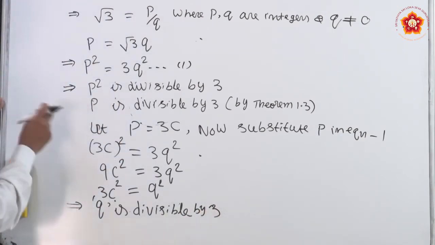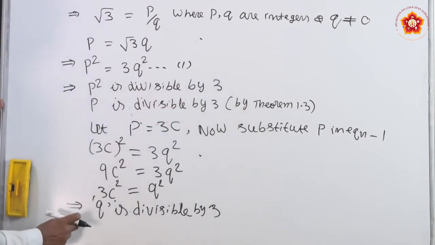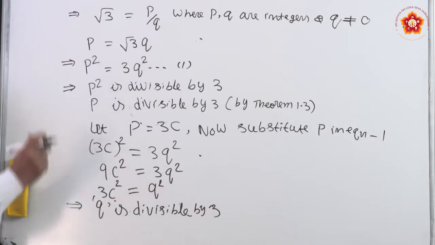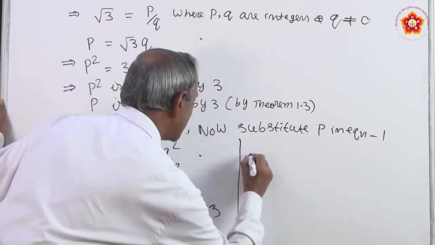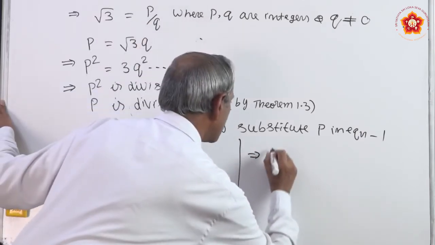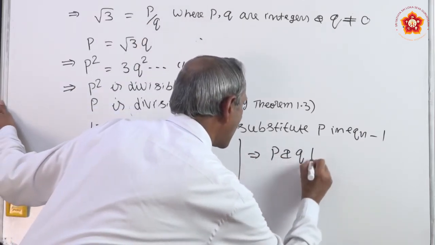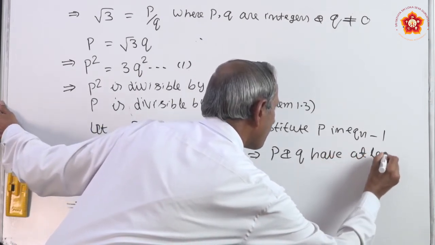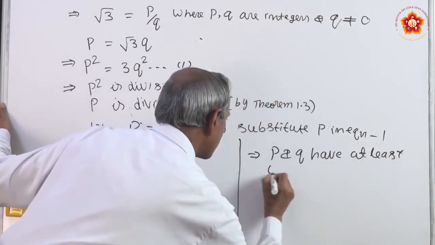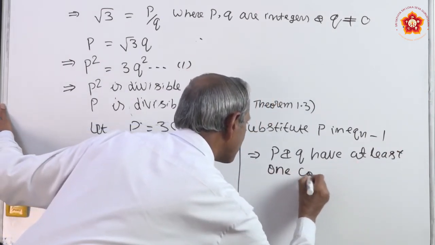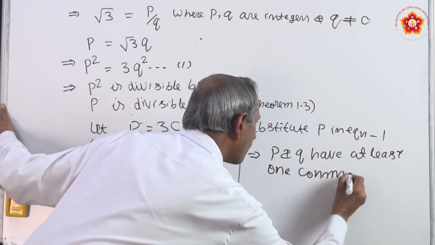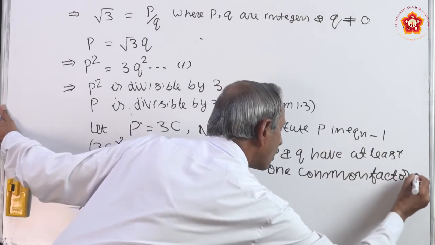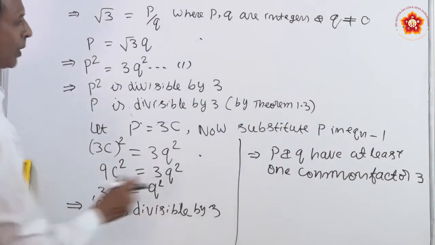Now here p is also divisible by 3 and q is also divisible by 3. So it implies that p and q have 3 as a common factor, at least one common factor 3.